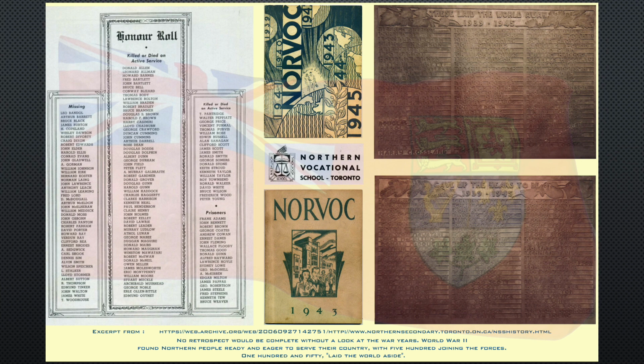And it's in part because of them that we have the freedoms that we enjoy in our country today. Your fellow students at Northern who gave their lives and well-being and all of that for future generations. And that's you and that's me.